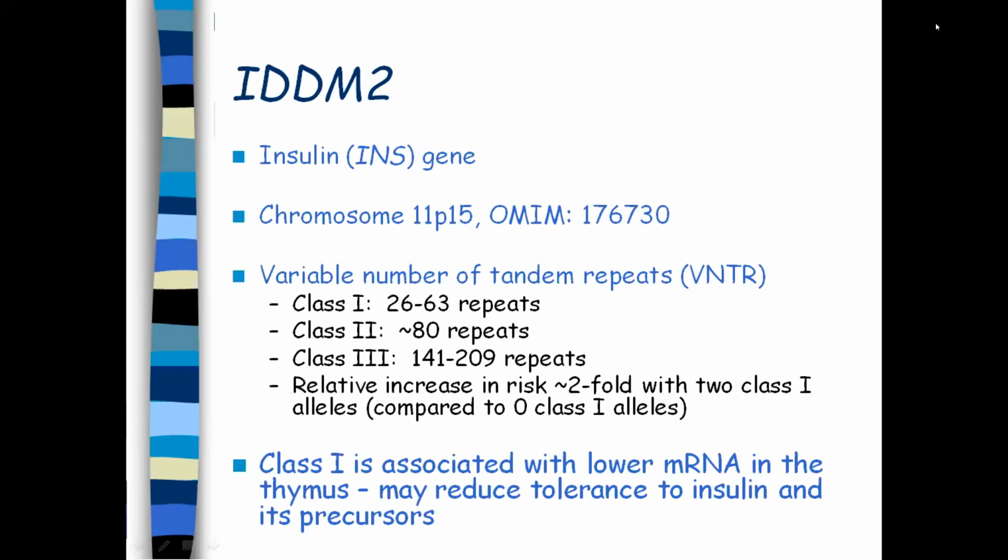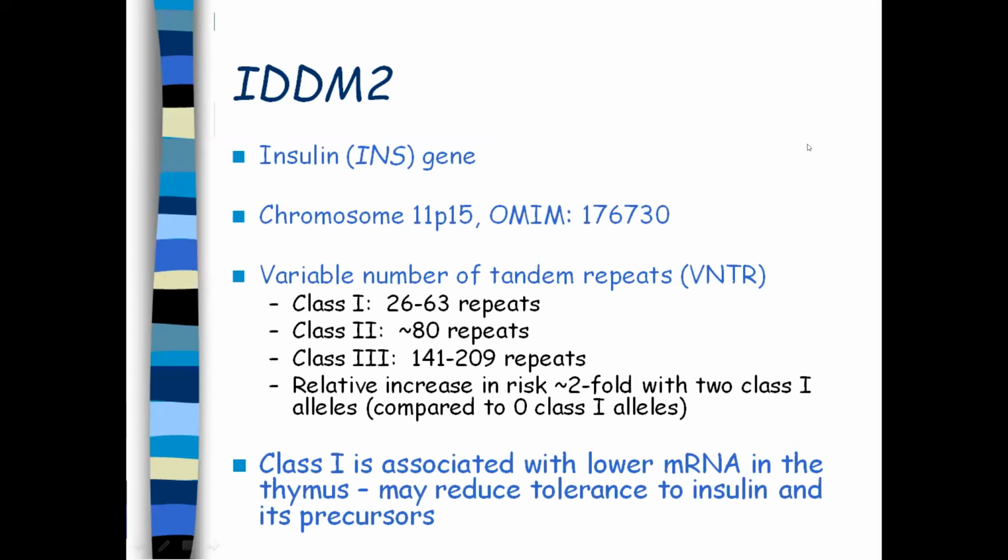Due to the degradation or destruction of pancreatic beta cells, a person may develop type 1 diabetes. So when we are comparing class 1, class 2 and class 3, class 1 is associated with lower mRNA in the thymus, which may reduce the tolerance to insulin and its precursor.